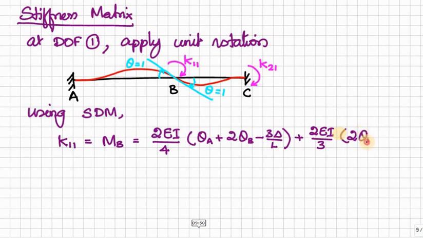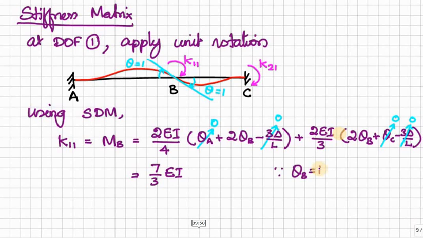Next 2 theta B plus theta C minus 3 delta by L. Here theta C and delta are 0. So which is equal to 7 by 3 EI, and theta B is equal to 1 because of unit rotation.